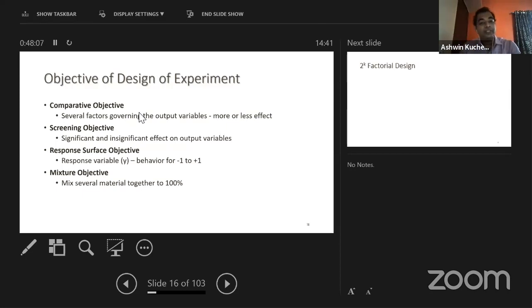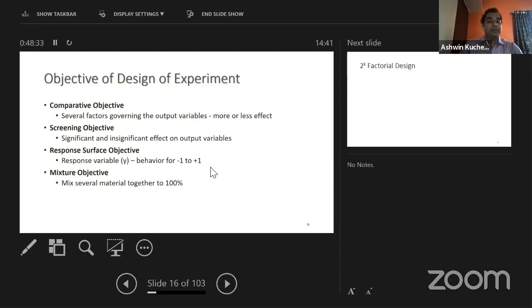The next is response surface objective, which deals with variables at the levels -1, +1, like low, middle, high. And mixture objectives are when you have a mixture of different excipients which add up to 100%. Depending upon which objective you are focused on, you need to select that objective, select the Y, select the levels, and start with the experimentation.